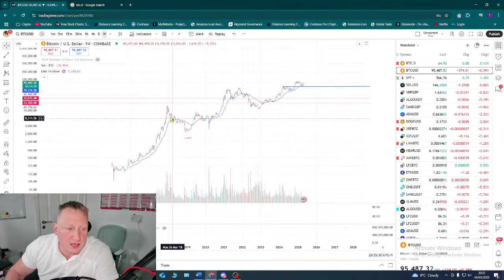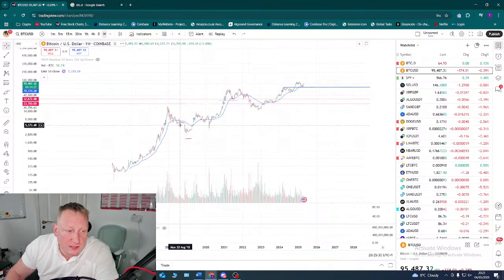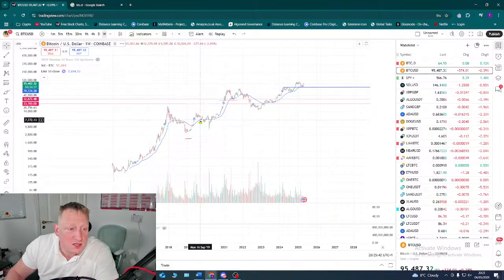Once we broke it and came down here, we just kept on bouncing off of it. And then when we broke it again, we stayed above it from April to November, six months or so, and then we've stayed above it all the way up to now. So yeah, it's a really powerful indicator.